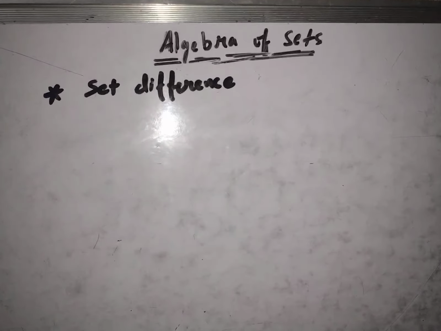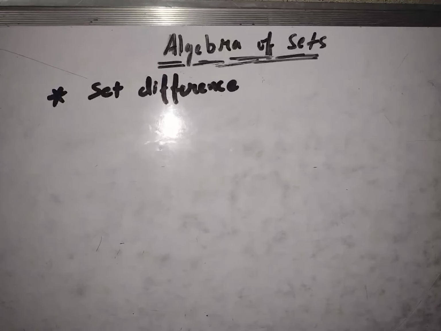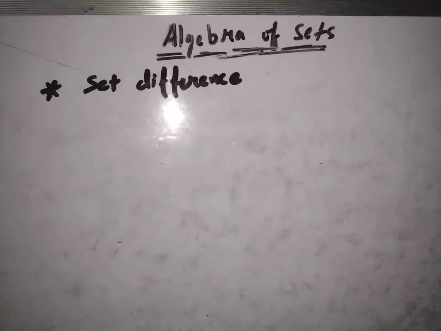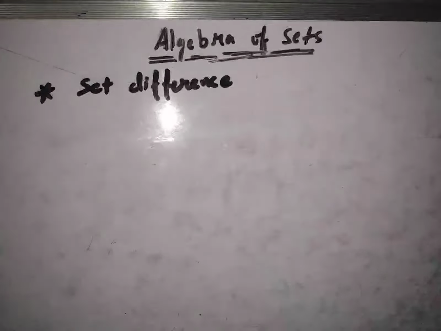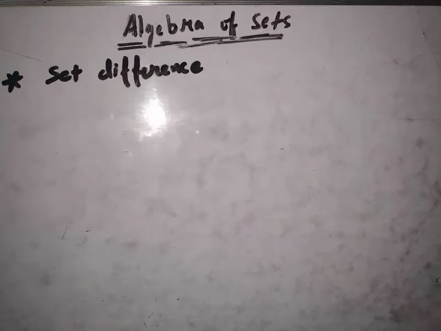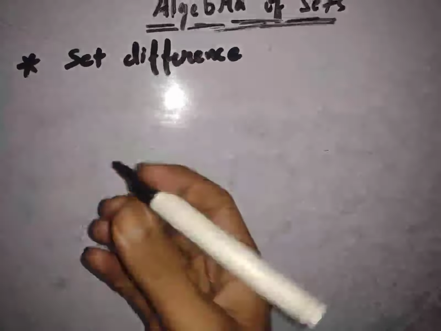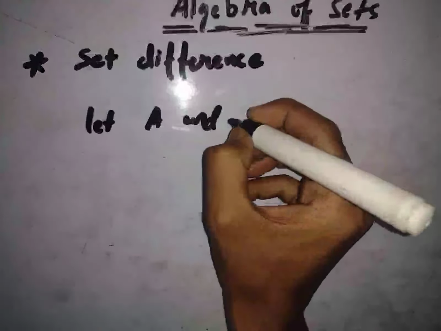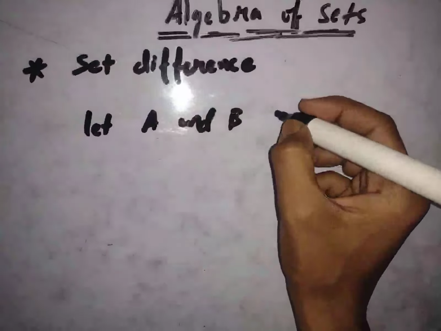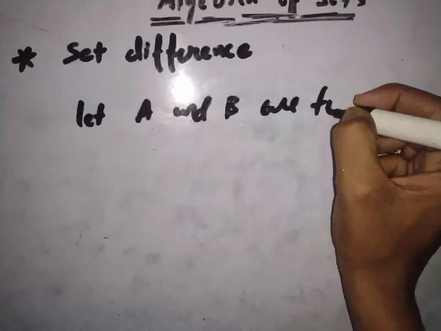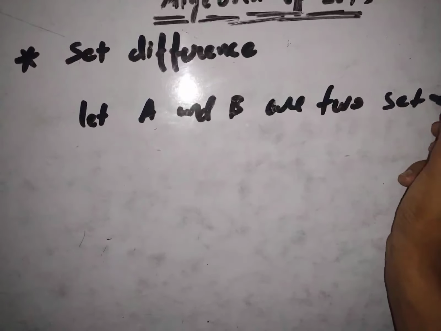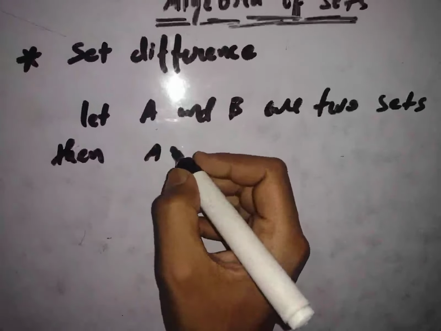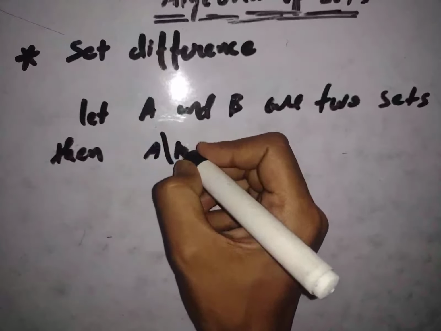Now we shall talk about set difference. So what is a set difference? Set difference is defined for two sets, and let me define it. Let A and B be two sets, then set difference is represented by this notation.